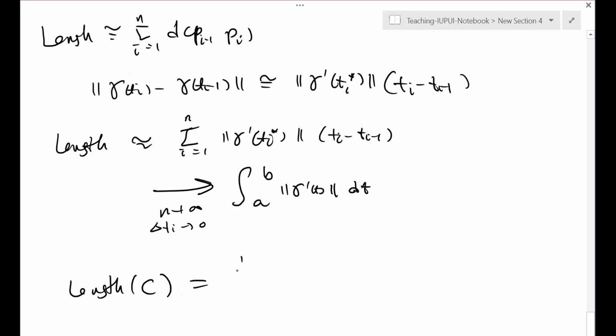The length of the curve C is just equal to this integral. Okay, this is how we derive the formula. Now we're going to use that to find the length of a curve.